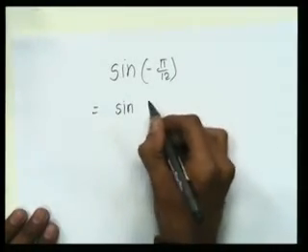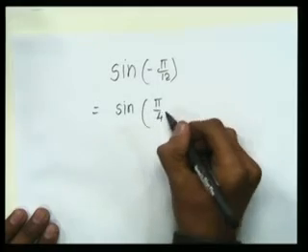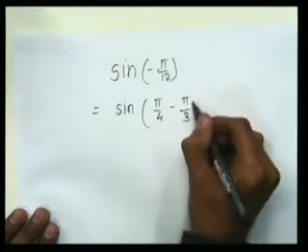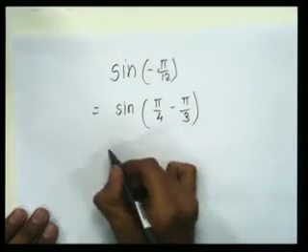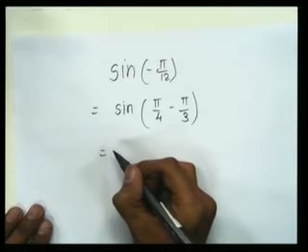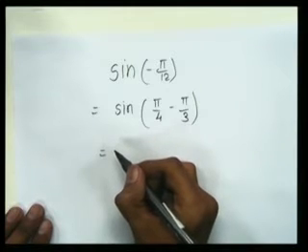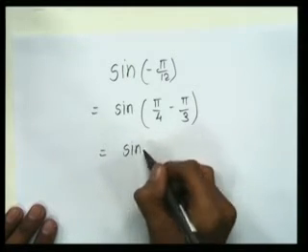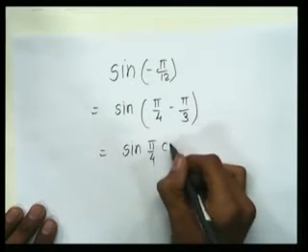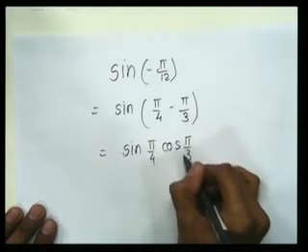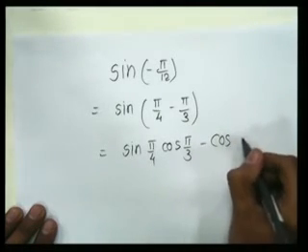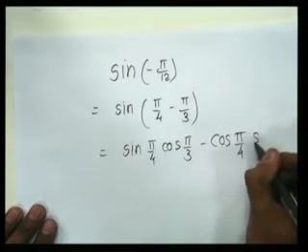This one can write as sine of pi by 4 minus pi by 3. Now here we will apply subtraction formula of sine. Sine of alpha minus beta is sine alpha cos beta minus cos alpha sin beta.